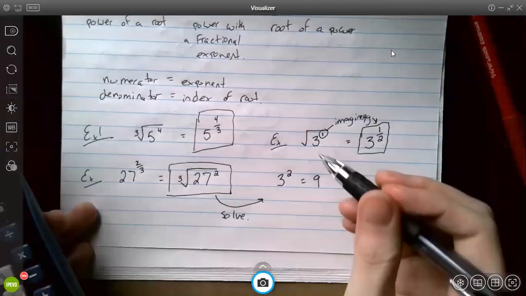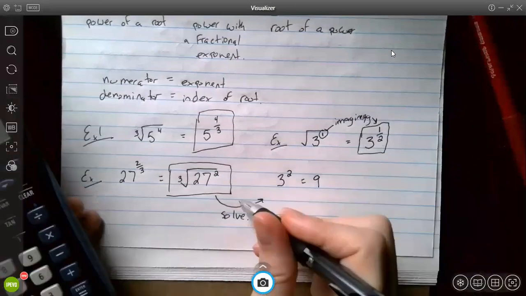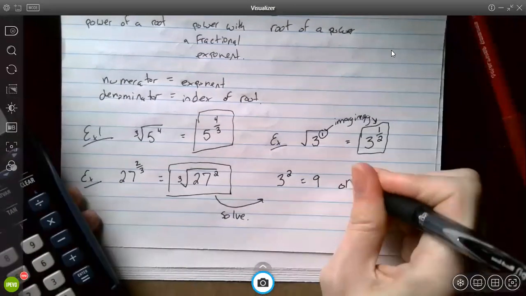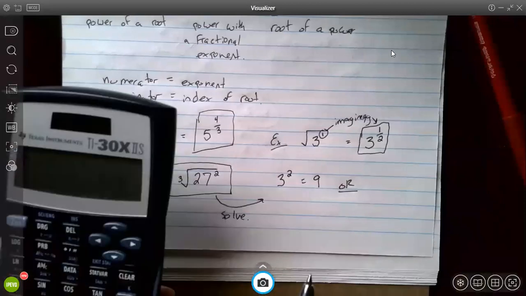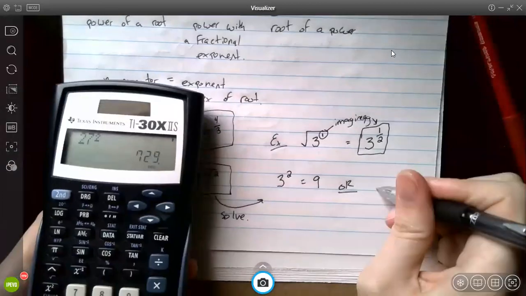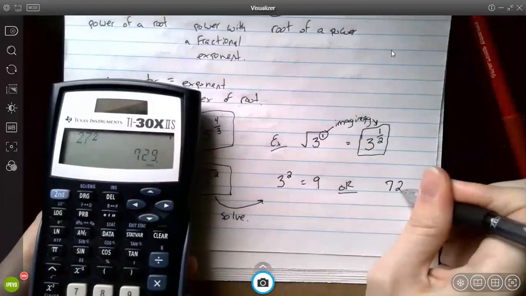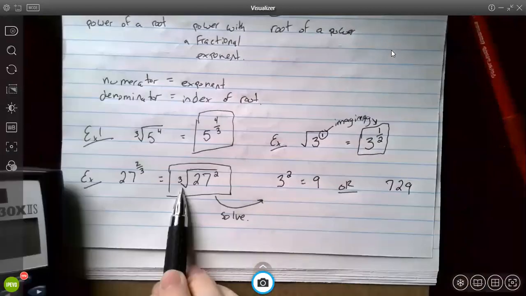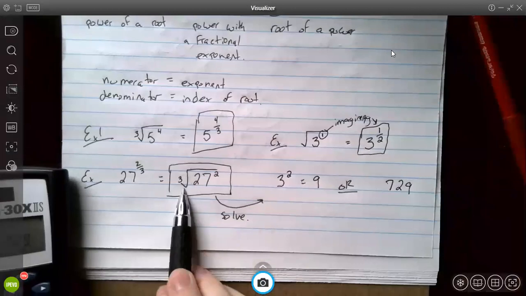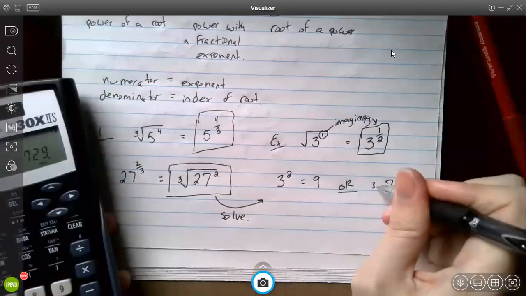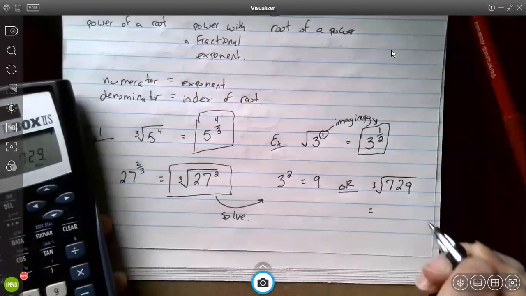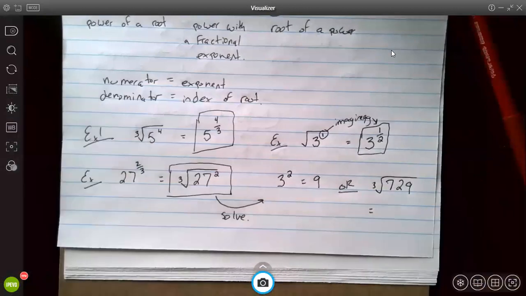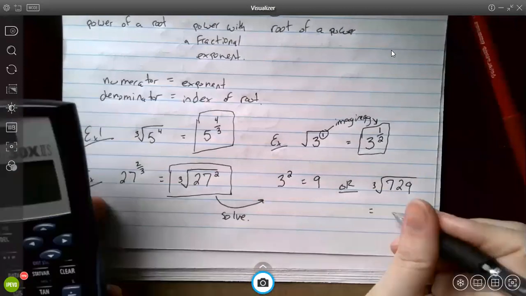You might also do it the other way, which is equally valid, where you do the squared part first. So if I do 27 squared, I get 729. But in this case, I haven't taken into account my cubed root yet. And so then I'll do that part second. I'll take my cubed root of 729, and I'll get 9.